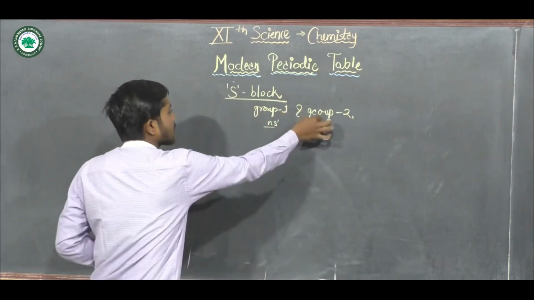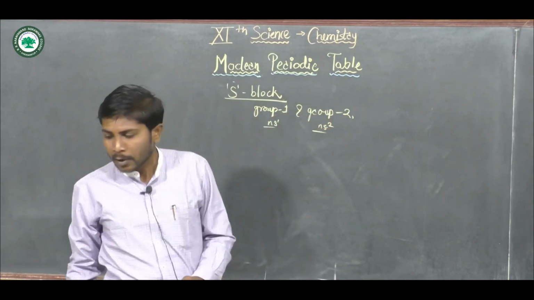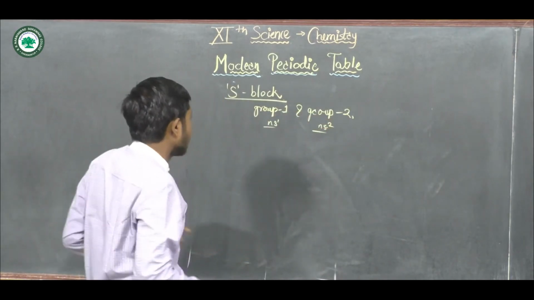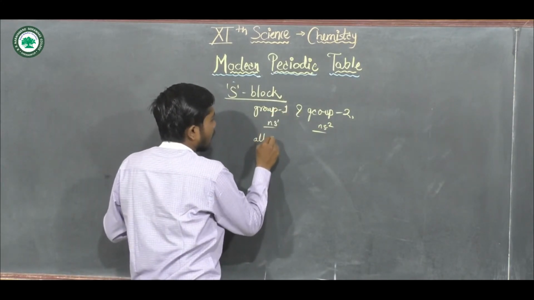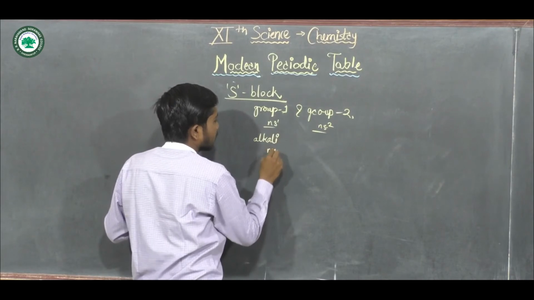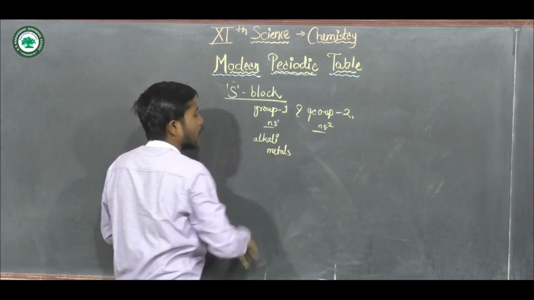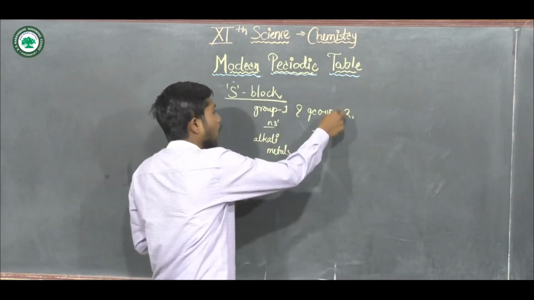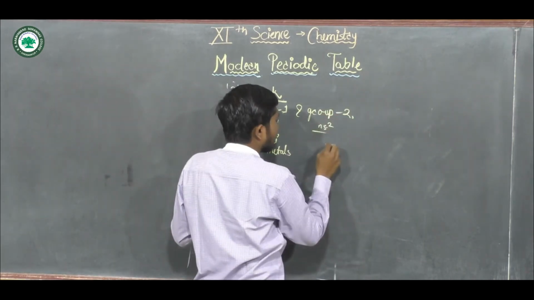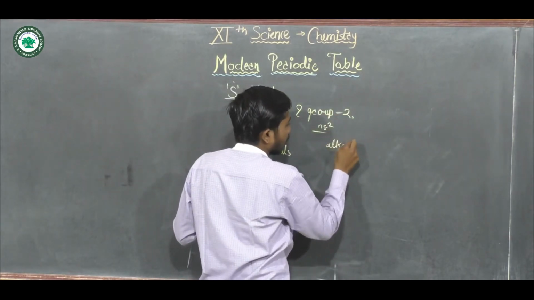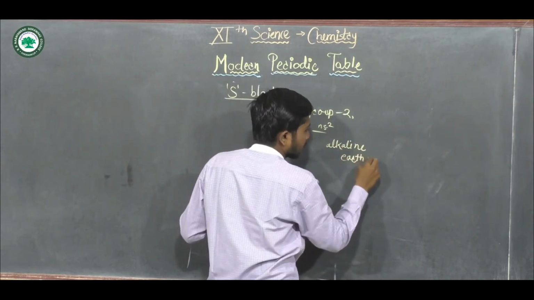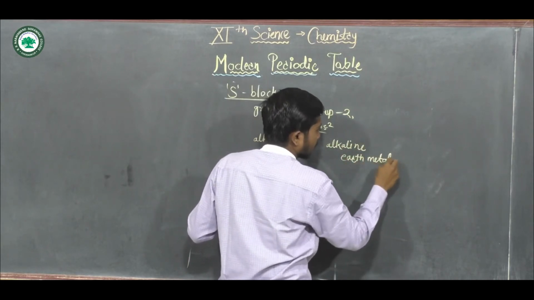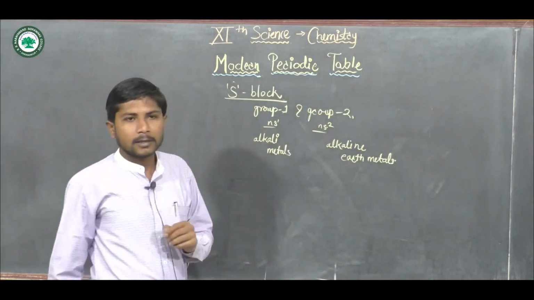That's why there is the presence of two groups. Now generally the group first elements are known as alkali metals, while group second are alkaline earth metals.